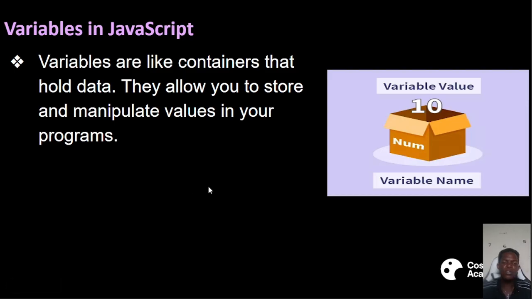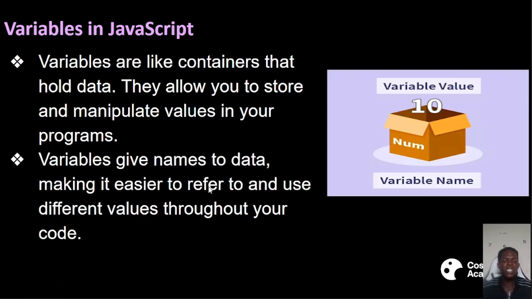Also, we can say variables give names to data, making it easier to refer to and use different values throughout your code. So instead of, every time, calling that tall guy with flat hair, with those long descriptions, you just call my name and it will bring out all the features about me.